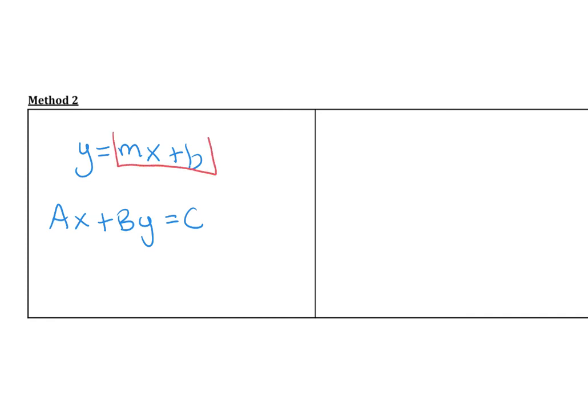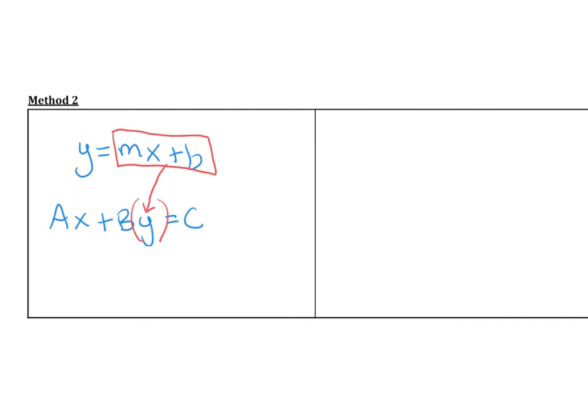Okay, method 2. This would be when you have one equation in slope-intercept form, and the other equation is in a different form, often in standard form. And this is when we are substituting: if y equals all of this, we're going to substitute that in for y right there.